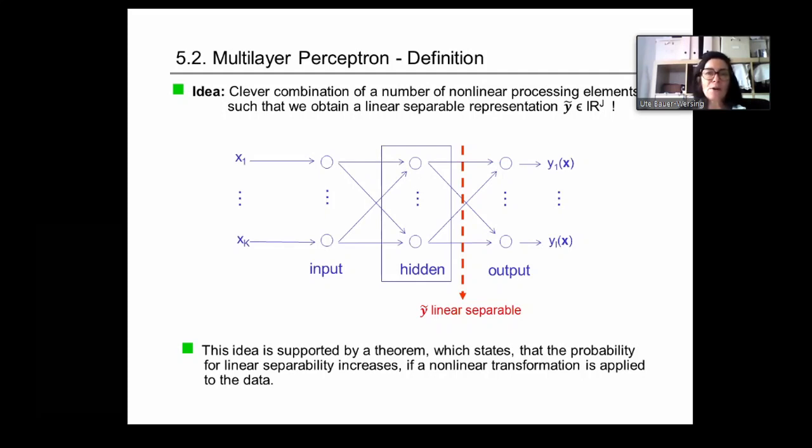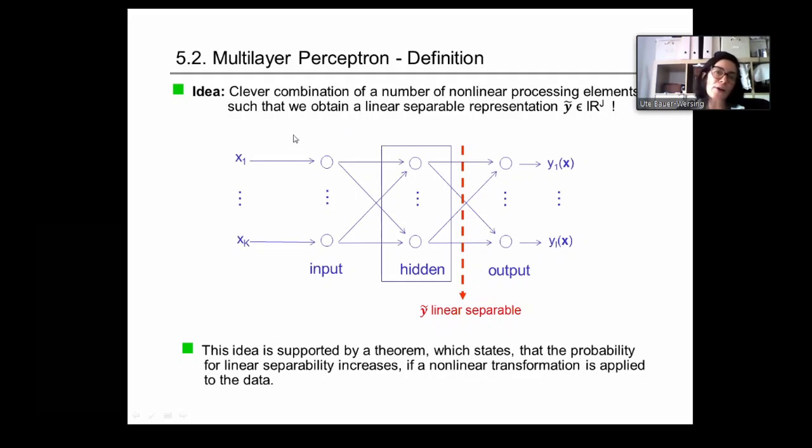This idea is that we do a clever combination of a number of nonlinear processing steps, or we use a number of nonlinear processing elements such that these processing elements transform our originally nonlinear separable problem into a linear separable one.